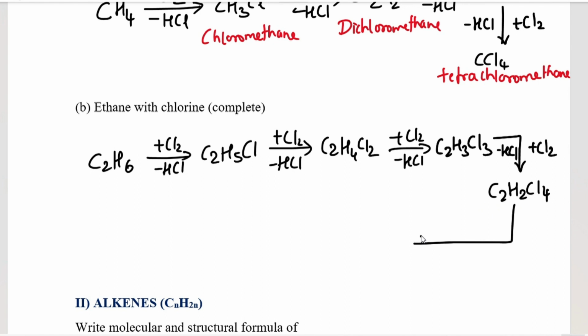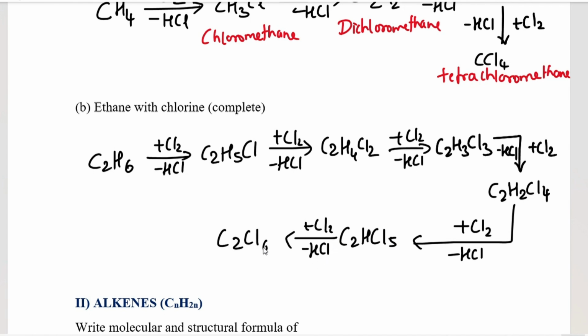One more chlorine molecule, remove HCl, C2HCl5. One more chlorine molecule, remove HCl, C2Cl6. Okay, try to name the IUPAC naming of these molecules.